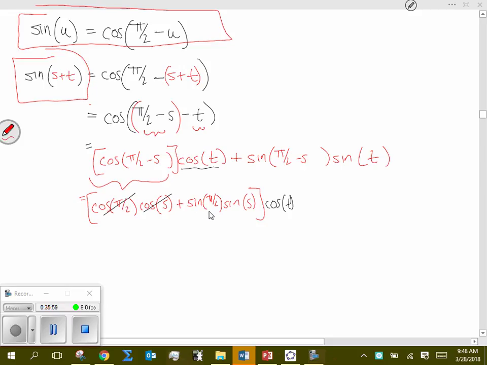What's the sine of pi over 2? 1. So I've really got 1 times sine of s in here, right? So this thing here all turns into just sine of s, right? So I have sine of s times cosine of t as everything up to that point. Now I still got this stuff over here, okay?